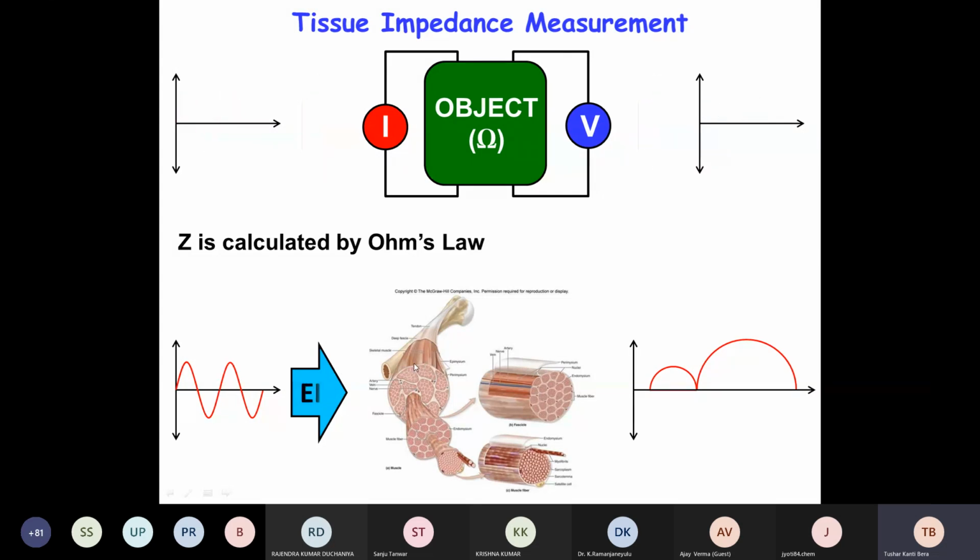In the case of any material analysis, like for any nanomaterial or thin film deposition, a similar technique is very popular, especially for photovoltaic cell characterization. Whenever we design a photovoltaic cell, we need higher efficiency, and for material selection we have to think about several parameters, such as cost and efficiency.